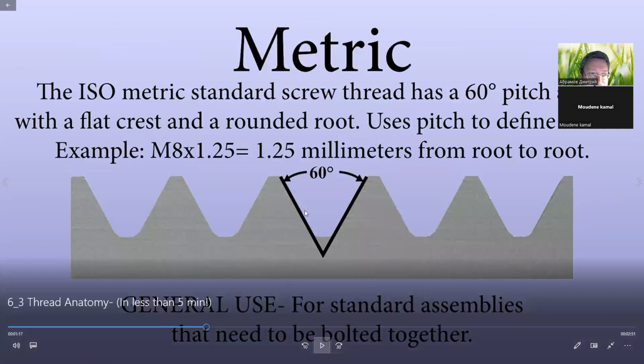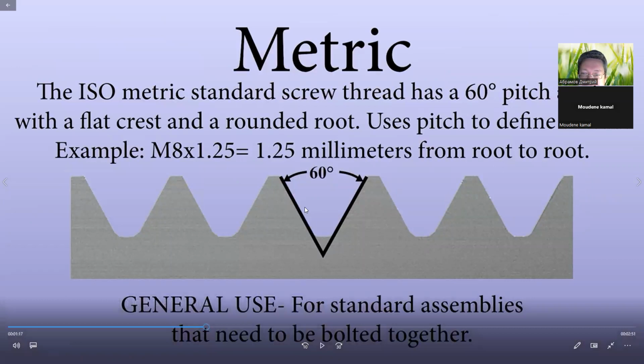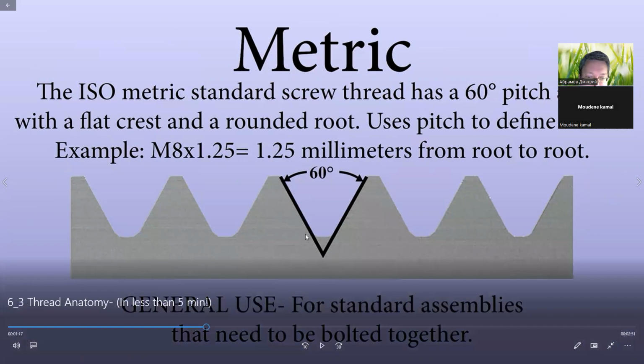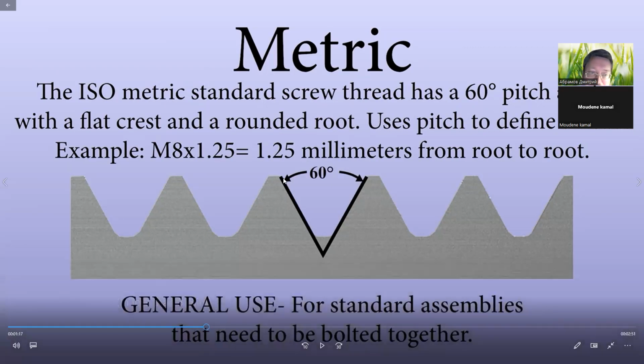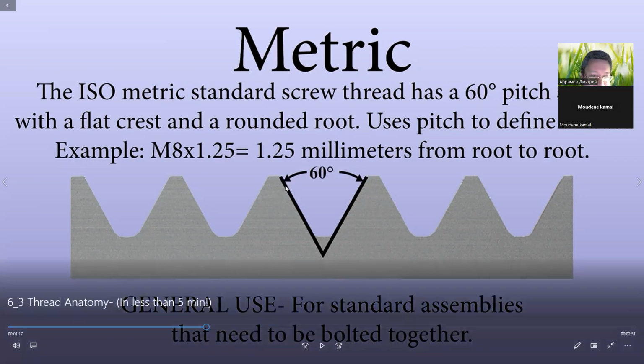Metric thread. The ISO metric standard screw thread has a 60-degree pitch angle, with a flat crest and a rounded root. Uses pitch to define thread. Example, M8 by 1.25 equals 1.25 millimeters from root to root.